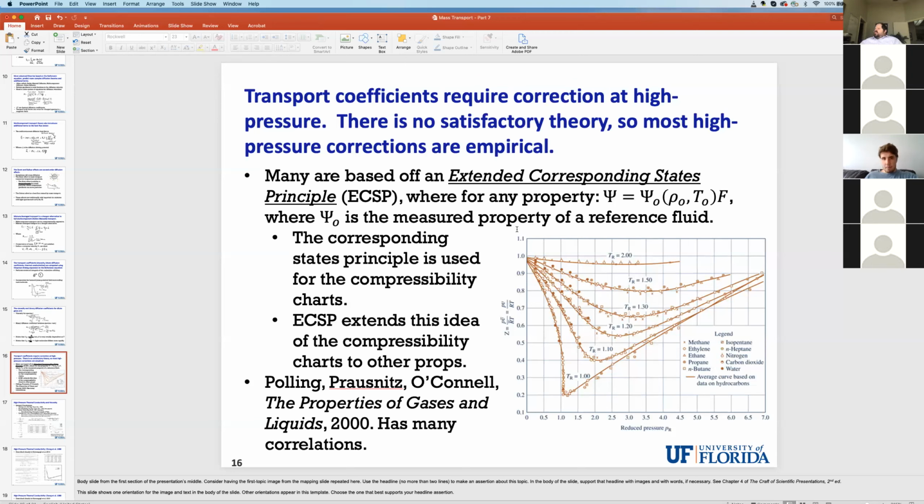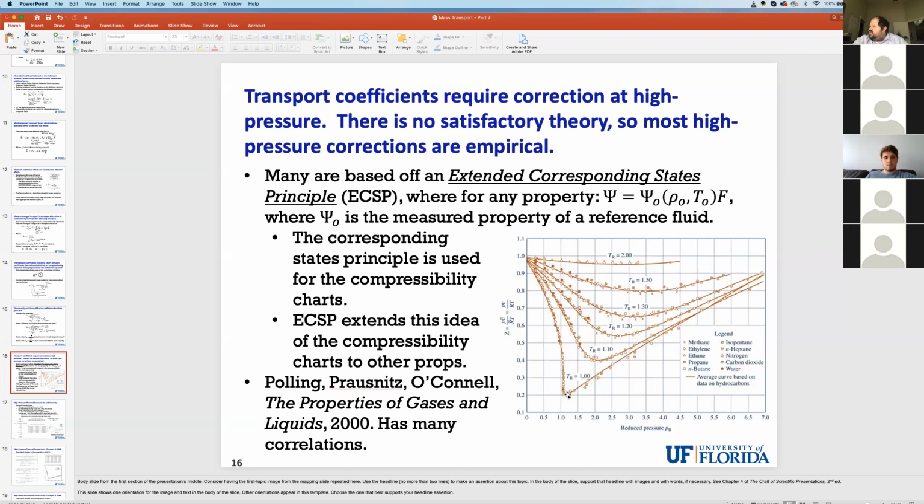The original corresponding states principle is the one that you folks may have used in the compressibility charts. Here's just data from a thermo book. Here they plot the reduced temperature, which is the temperature divided by the critical temperature, and on the y-axis the compressibility factor, and all of these different symbols are for four different fluids.